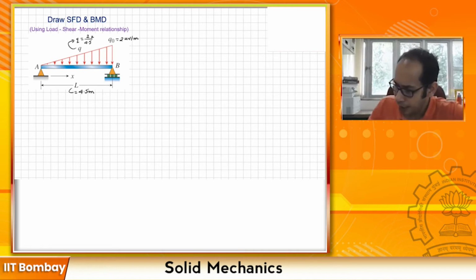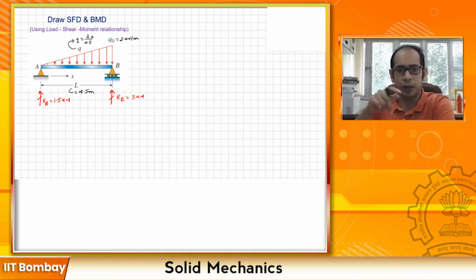For this one, I have calculated the reactions. So I have my RA, which comes out as 1.5 kilonewton, and here I have my RB, which is 3 kilonewton.